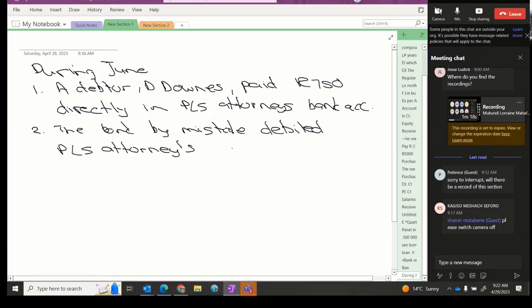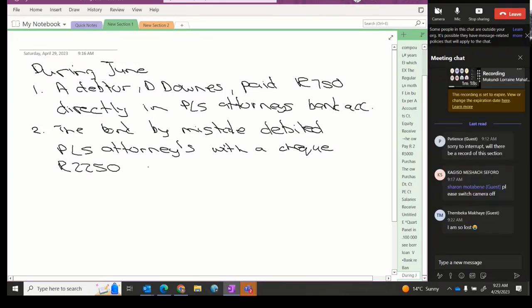The bank by mistake debited with a check. They refer to checks here, but it's actually EFT. But yeah, let's write check. They do mostly EFT these days. A check for 2250 drawn by PLY attorneys. Okay.